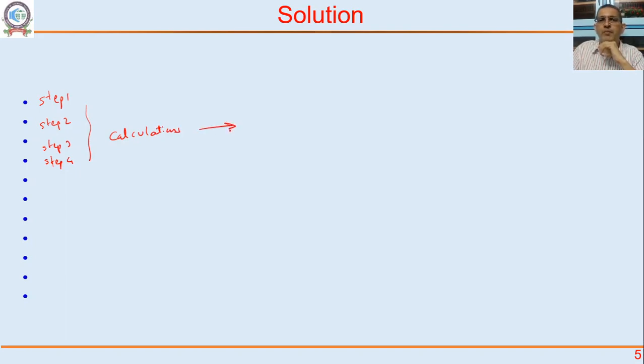What you should come out with is a reactor design, meaning volume is only one part of the reactor design. When you say design, volume is one aspect. It's an exothermic reaction, so the second thing you have to say is how you are going to remove heat or operate adiabatically.